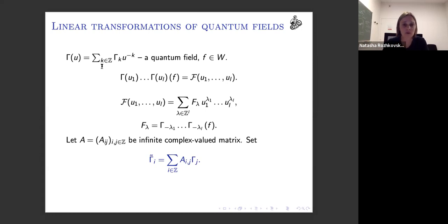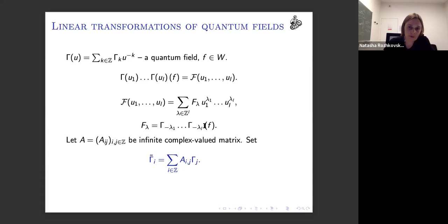Let us take any quantum field acting on some space W. And we will keep in mind that for our applications, we will take an element in our vector space W and apply these quantum fields to get some formal distributions. And we will be interested in coefficients of this formal distribution. So this is usually what will be of interest for us in these quantum fields.